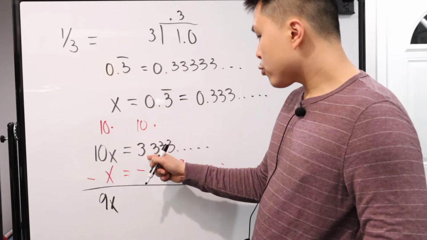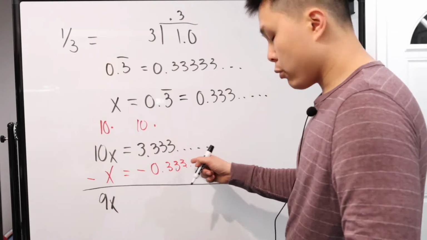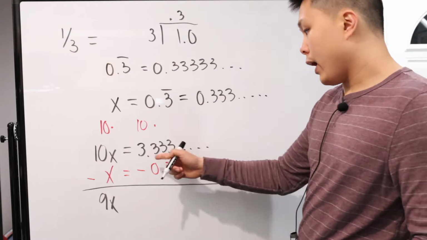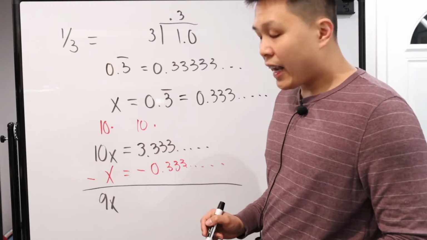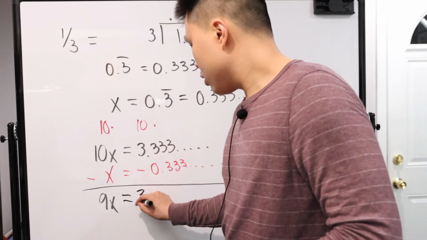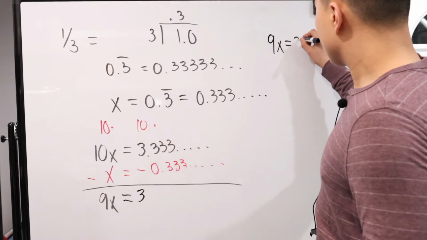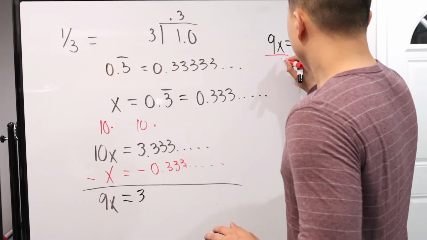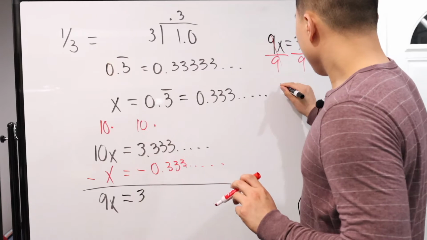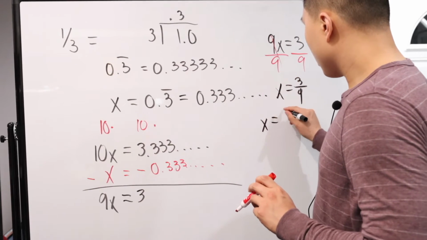You have 3.3 so on, and you have minus 0.3 so on. So all those 3s that go on forever after the decimal place basically cancel each other out. So what you have left over is 9x equals 3. Since it's 9x equals 3, if we divide both sides by 9, the 9 cancels. So we have x equals 3 over 9, or if we simplify it, x equals 1/3.